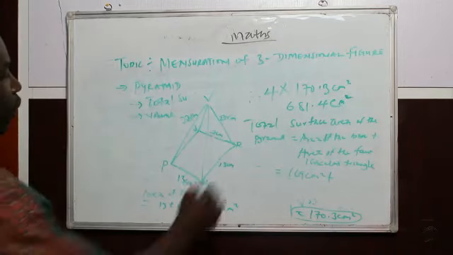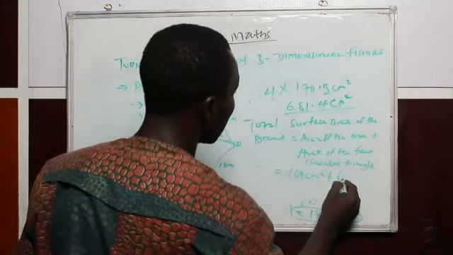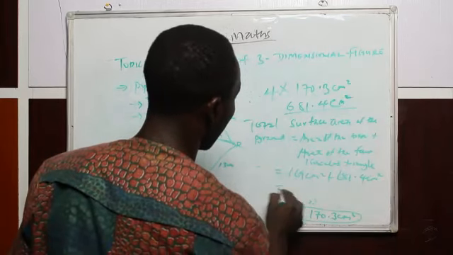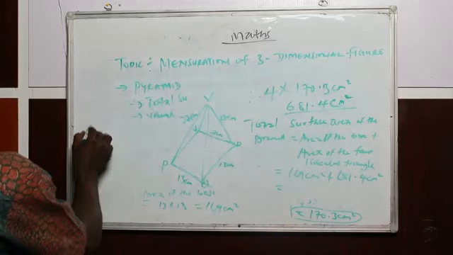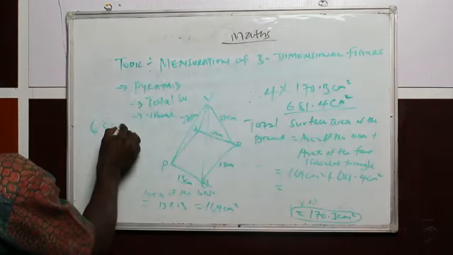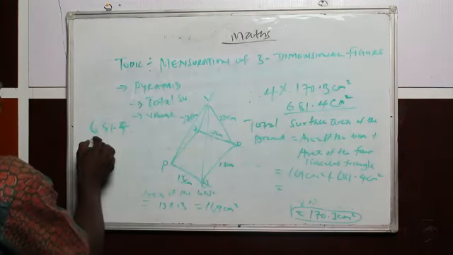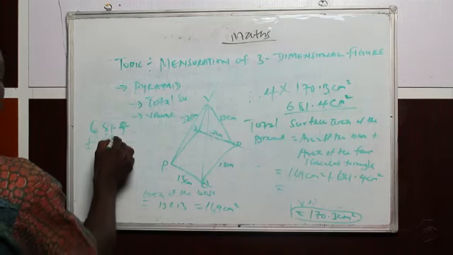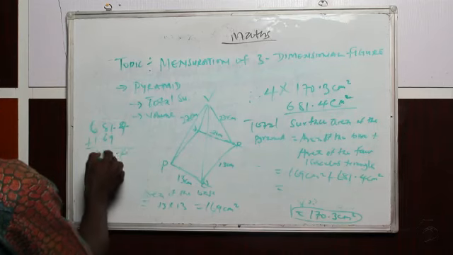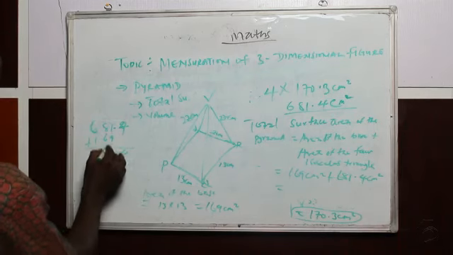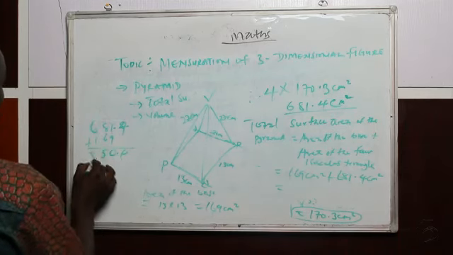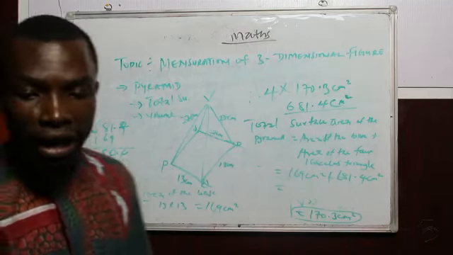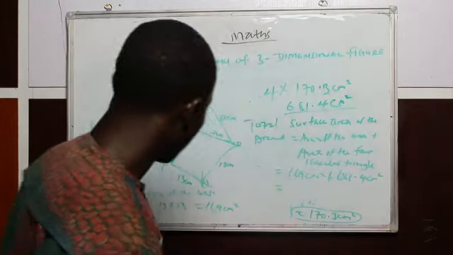What is the area of the 4 isosceles triangles, which is given to be 681.4 square centimeter? And the answer is 681.4 plus 169. We have 0.4 here, we have 0, we have 5, we have 8. Now we have 850.4 square centimeter.